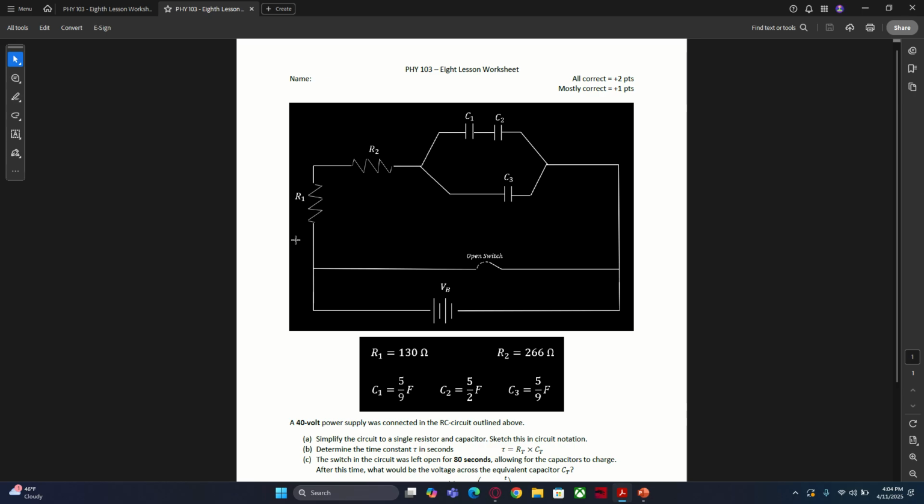At first glance, what we're looking at is resistor 1 and 2 that are in series, and then between these two nodes, we have three capacitors on two parallel paths. On path 1, capacitor 1 and 2 are in series, and then this path is parallel with capacitor 3.